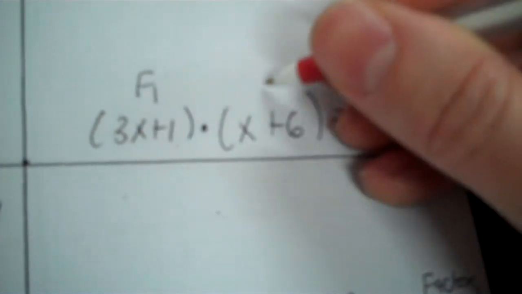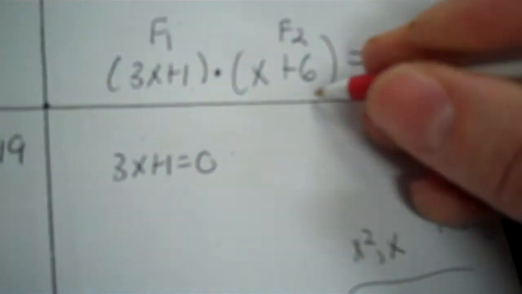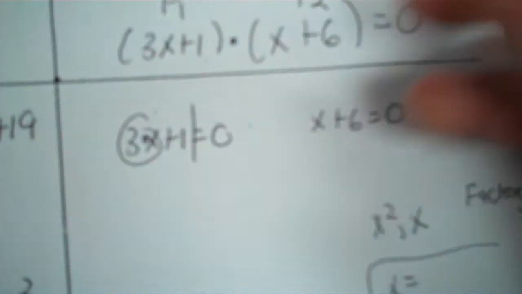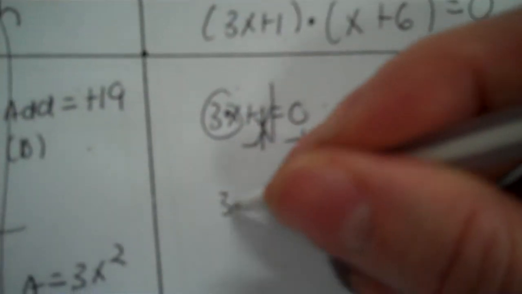So F1, F2. So then 3x plus 1 could equal 0, or x plus 6 could equal 0. Zero minus 1 is negative 1.